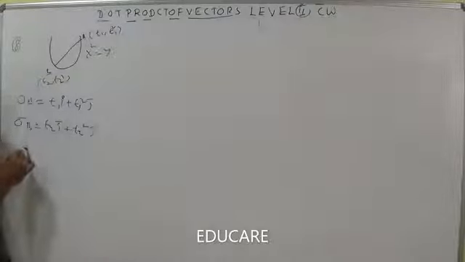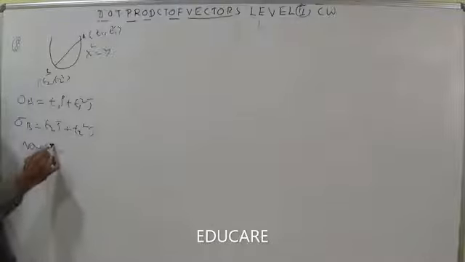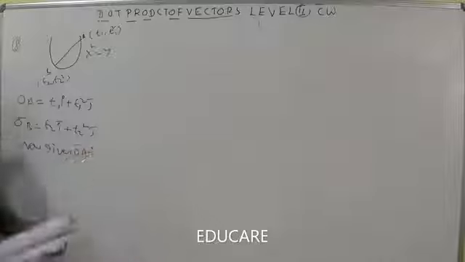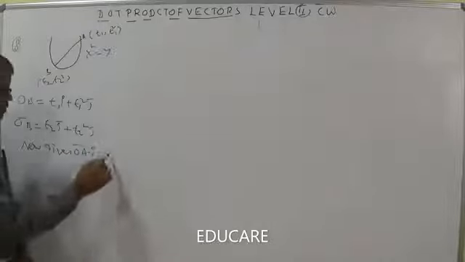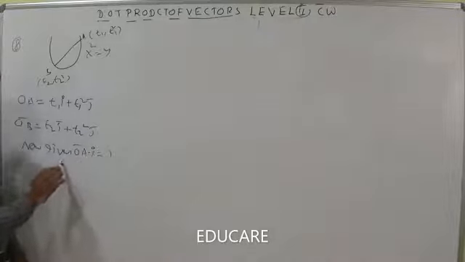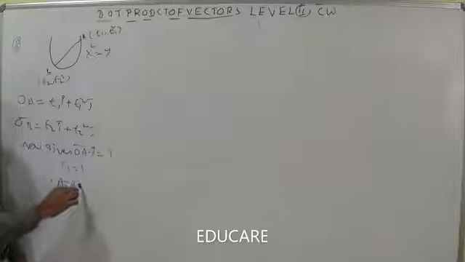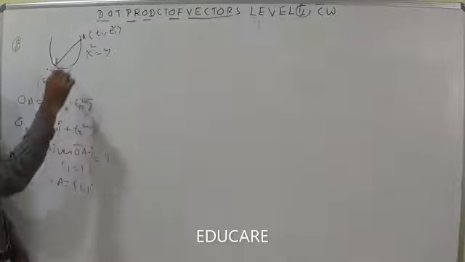Now he gave the condition. By condition we have OA dot i bar is equal to 1. With i only multiplied, you will get the value T1 equal to 1. Whenever you get the value T1 is equal to 1, A you can write as (1, 1) simply.